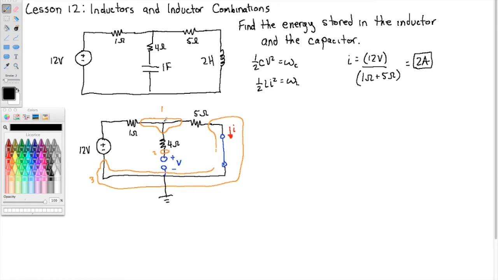Well, the voltage at 1 with respect to node 3 is exactly the voltage across the 5 ohm resistor, because the 5 ohm resistor is connected to nodes 1 and 3. So we have a series circuit and we want the voltage across one of the resistors. We can get that quickly with voltage division.